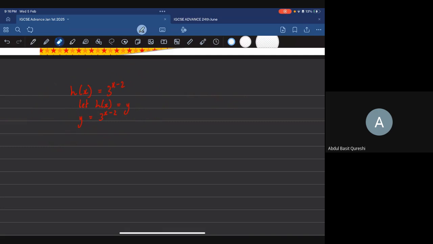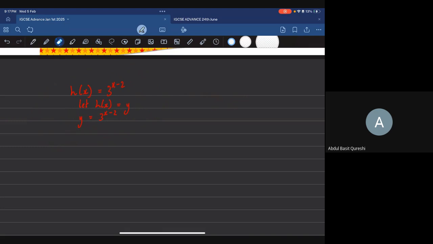Yes. But obviously we need to solve this question up to your level. So Basit, how do you think I should remove it from the power? Yes, Basit. What should I do? Sir, we can write 3 power x divided by 3 power 2. Okay, how so? You have 3 power x minus 2, right?